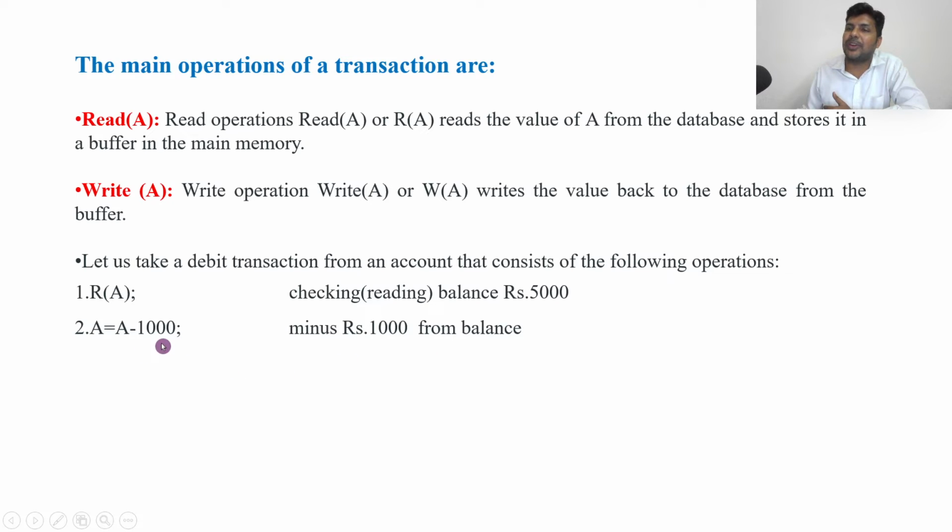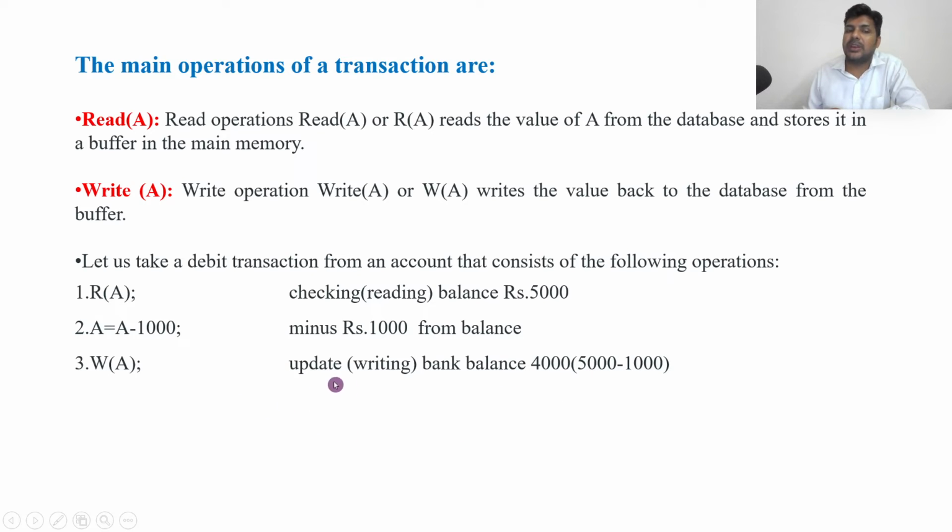Now these things are done in the buffer. After success, for example, your account has been debited and the other account has successfully been credited, now your transaction is successful. Now what will it do? It will commit. That means it will write the transaction in the hard disk permanently.